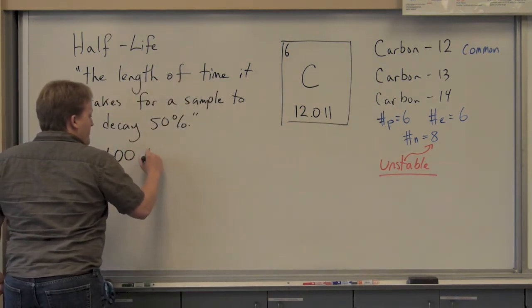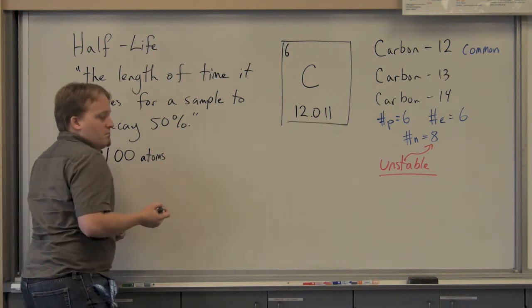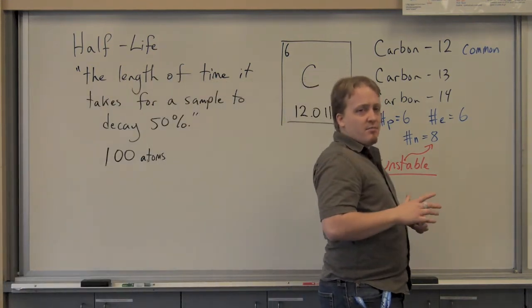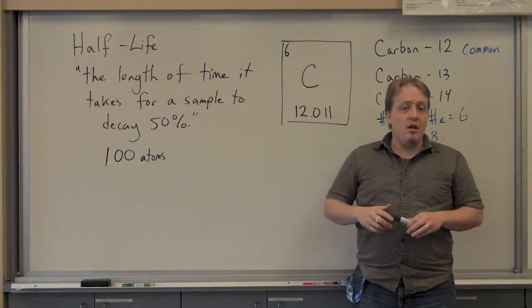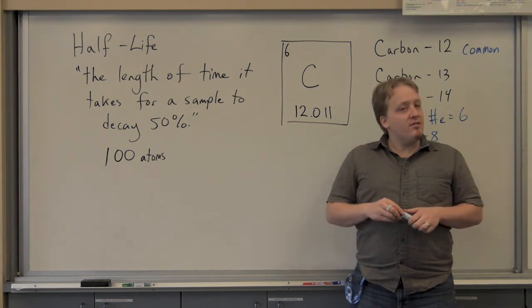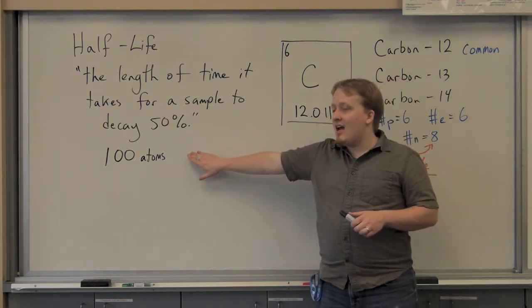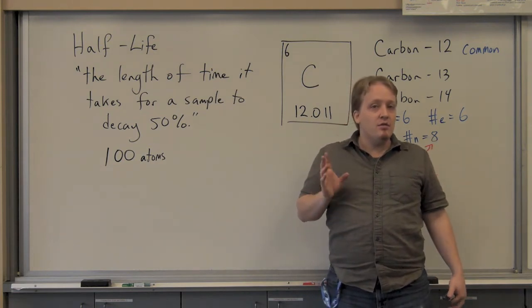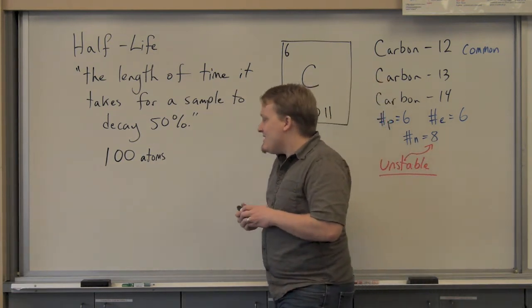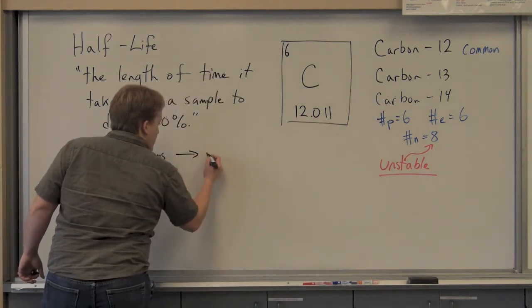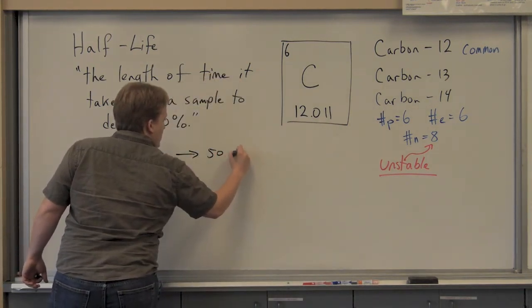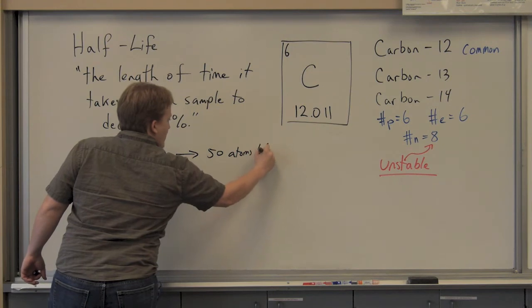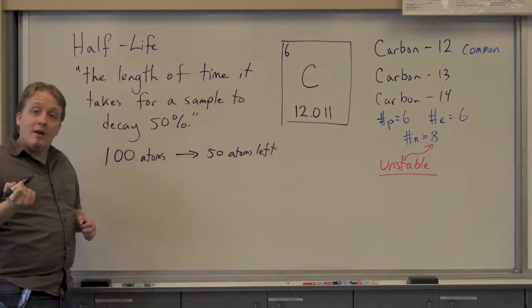So the idea here is that if we start with, say, 100 atoms, that's actually a little bit of a small number for this, but let's go with 100 atoms. The half-life is the amount of time it's going to take for those 100 atoms to have 50 of those atoms, on average, decay. Now, I can't say for sure exactly which atom underwent decay.